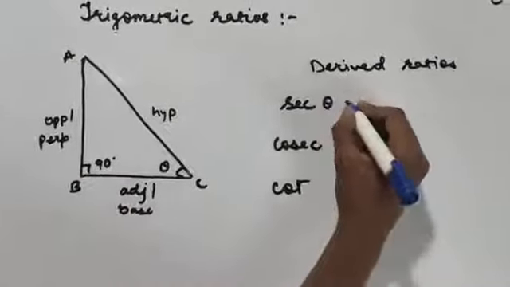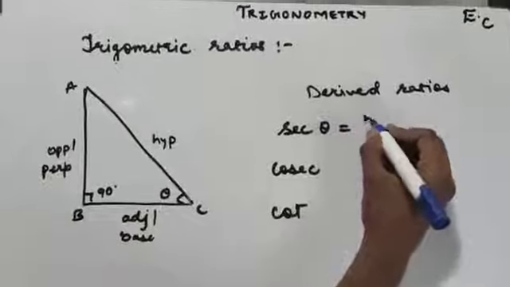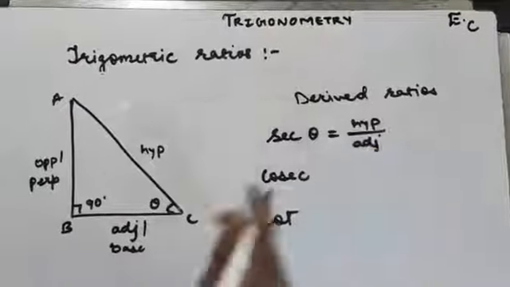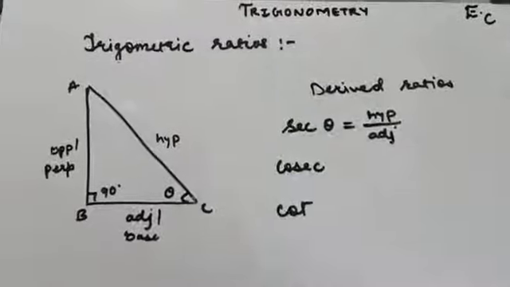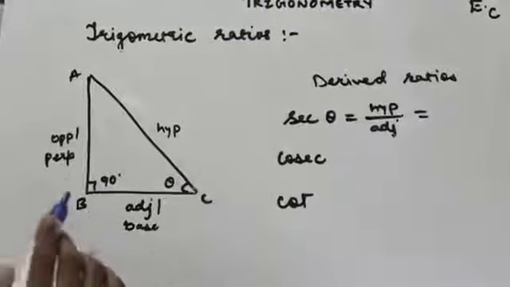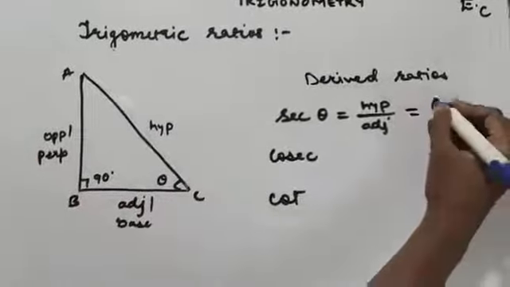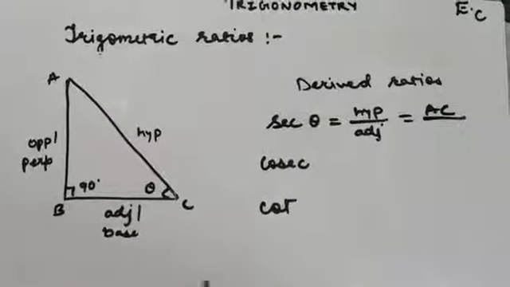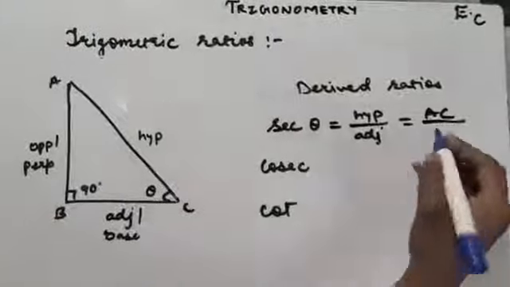So sec theta is given as hypotenuse upon adjacent side or the base. Okay, so here hypotenuse is side AC. We are looking at this triangle ABC. Okay, and adjacent side is side BC.